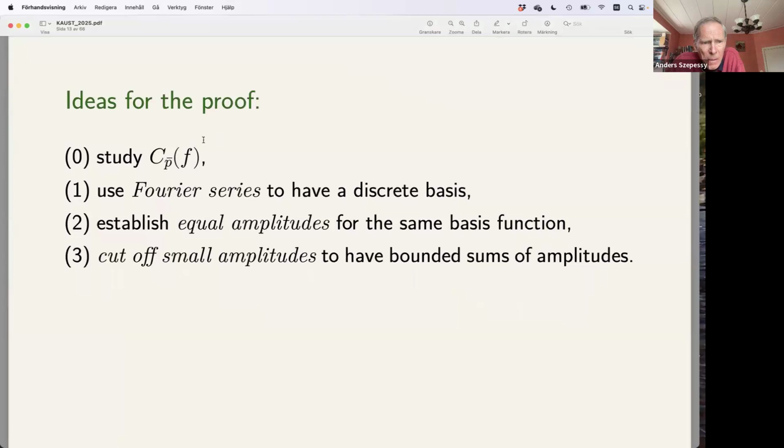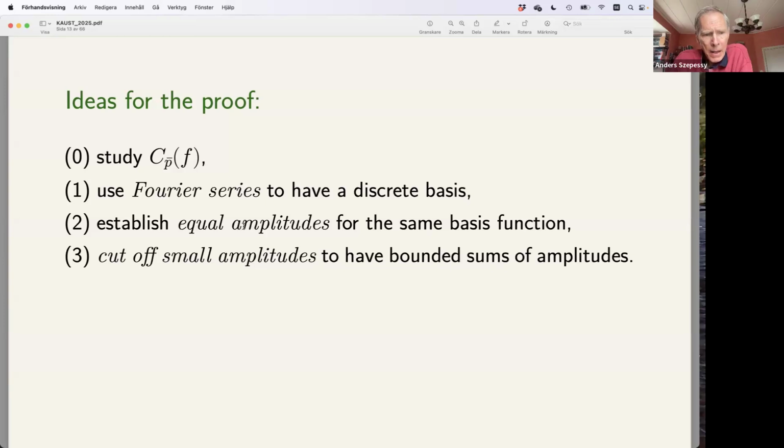Okay, so as I said, our method will be based on looking at the constant for the resampling method, the CPF. And to simplify the analysis, we'll use Fourier series instead of Fourier transform. The first important step is to be able to handle the amplitudes of the neural network and derive that equal amplitude property that I will explain.